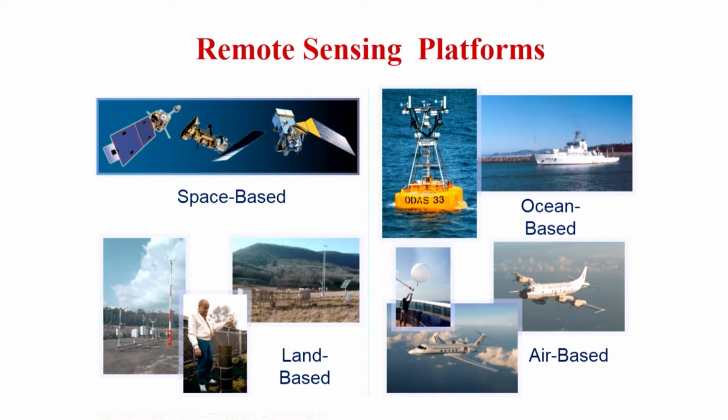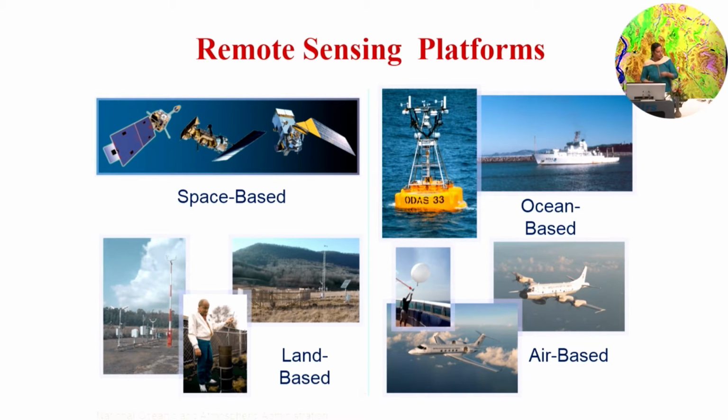Another platform added now is unmanned aerial vehicles, or drones, UAVs, which come between air-based and land-based. They are at very low altitude, around 500 meters from the earth's surface, and give you fairly high-resolution observations of land features.